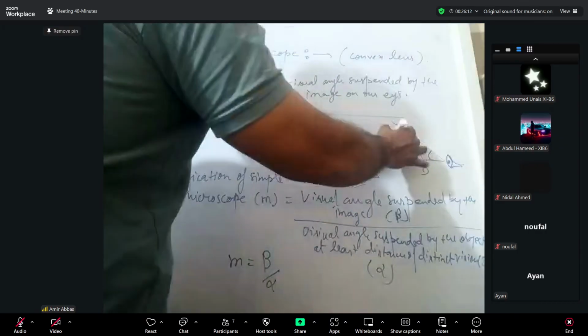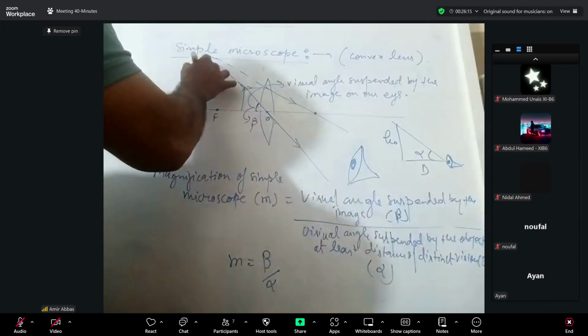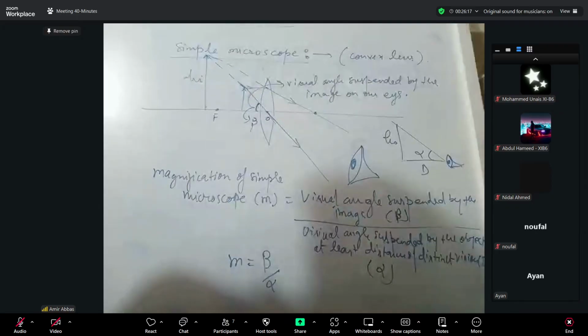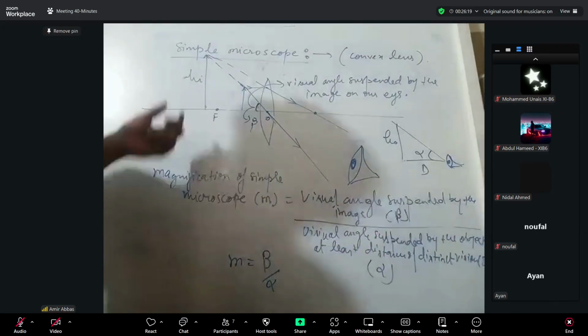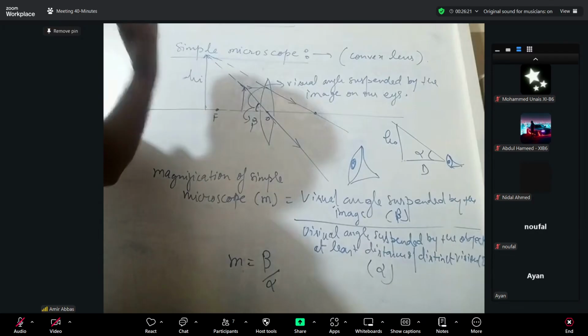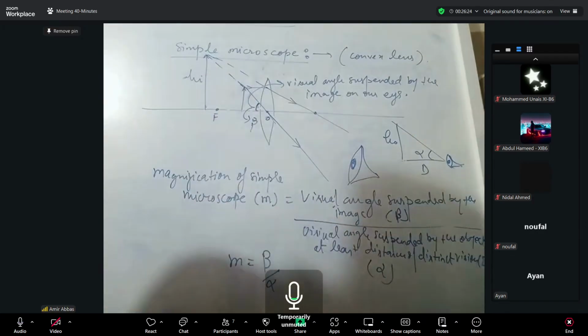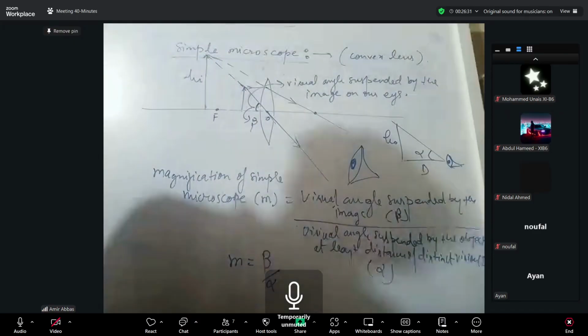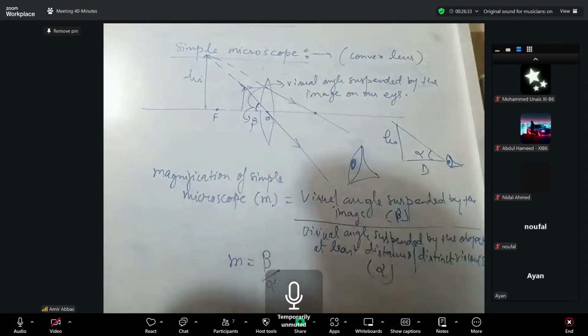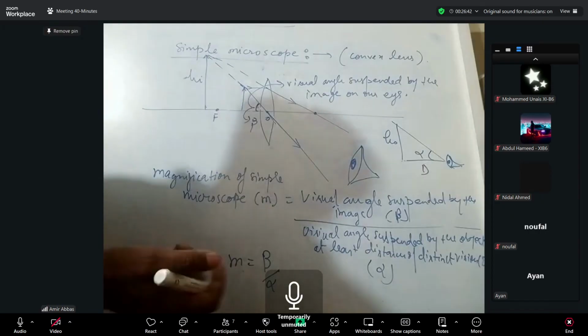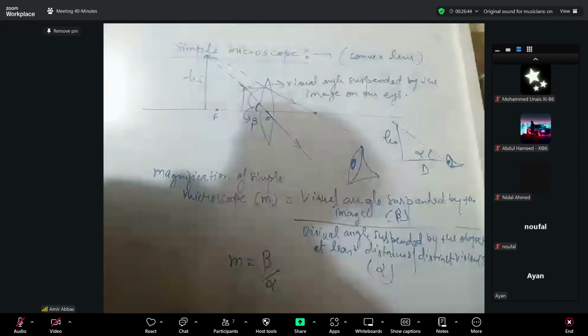So if this is the object height and this is the image height, can we take beta?